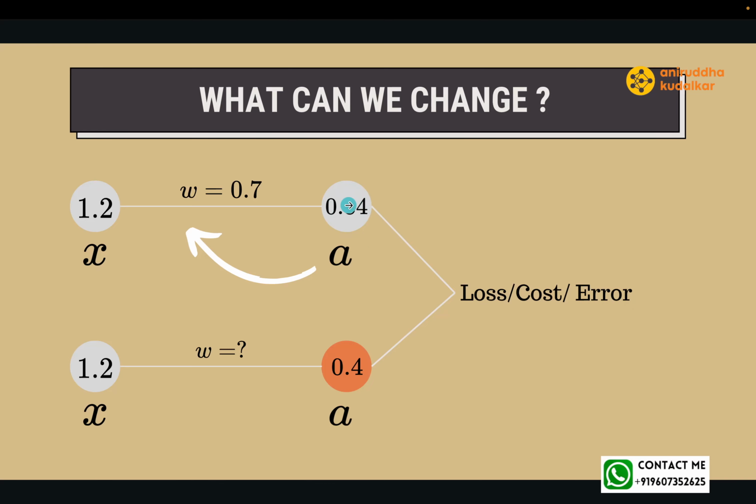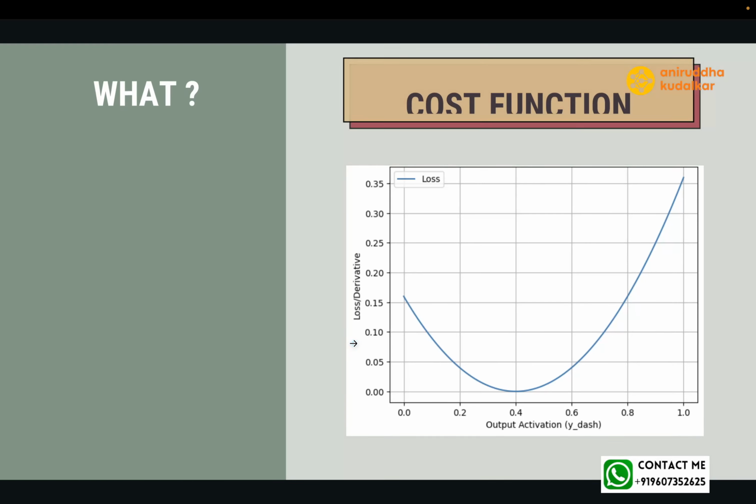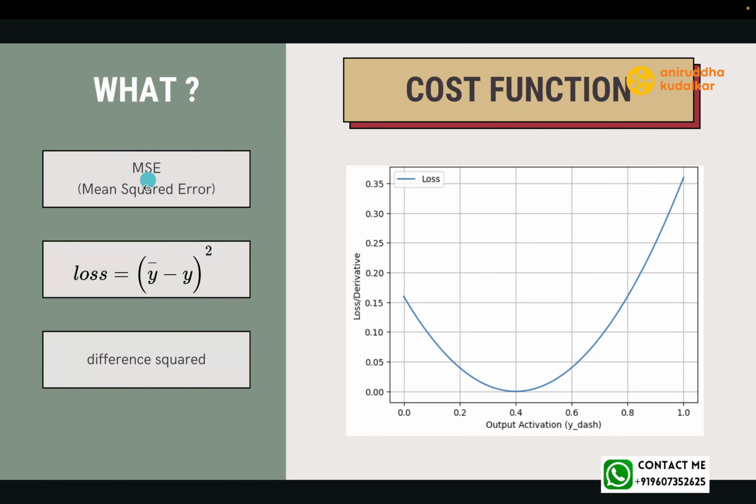There is a predicted one and an actual or desired one. In maths there are techniques to calculate the difference. One technique we are going to use in this video is mean squared error, MSE. What is MSE? The difference is squared: predicted minus actual, and the square of that.